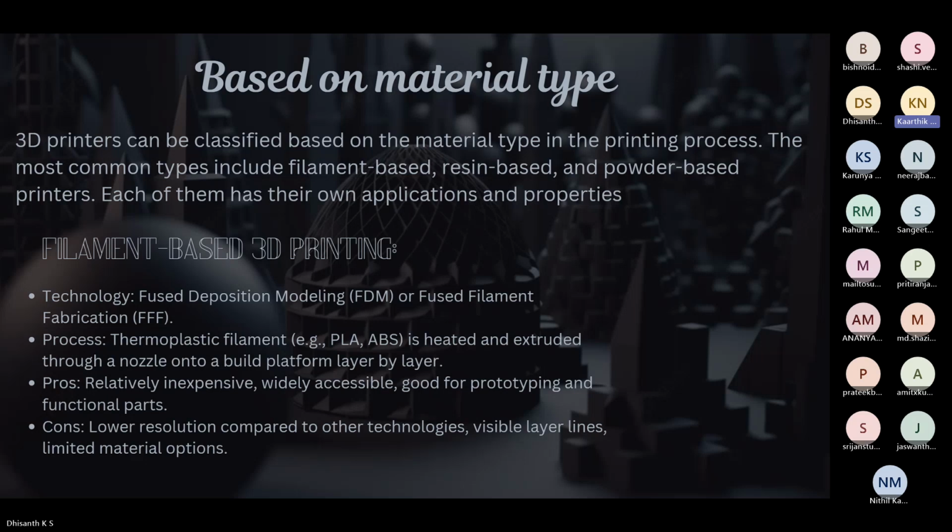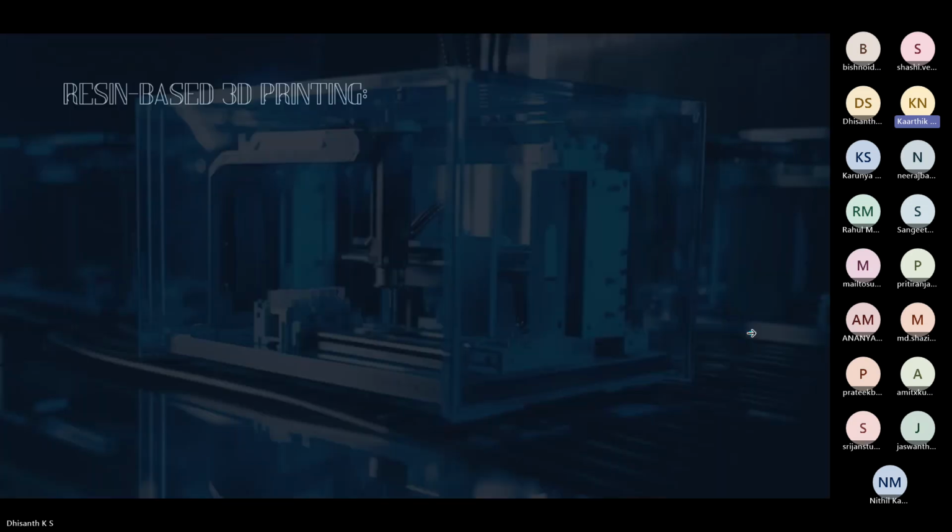The cons are that it has a lower resolution when compared to resin-based 3D printing, and the precision is not good when compared to the other technologies. The layers are visible, and material options are limited. The filament materials used here are very few when compared to other technologies. We are constrained to use only two or three kinds of materials.